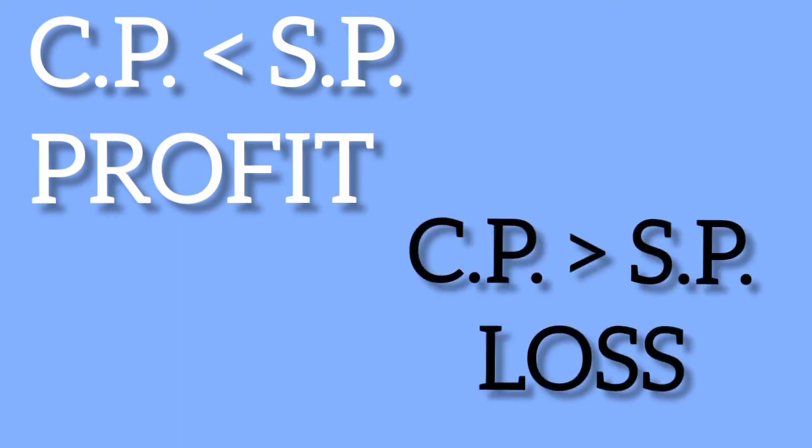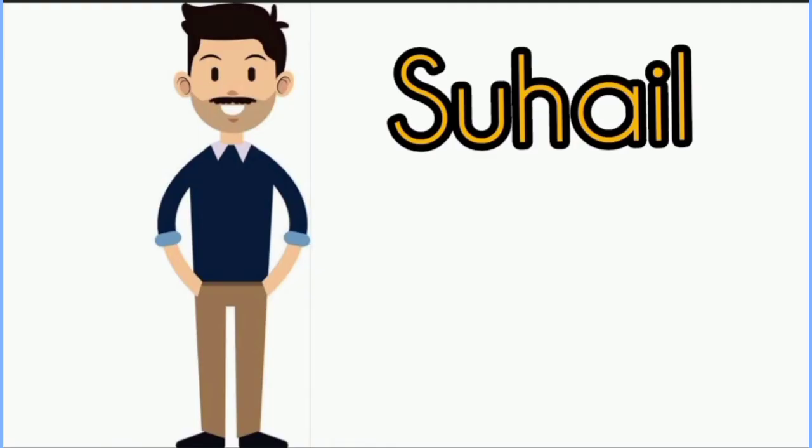If the cost price is less than selling price, that is CP is less than SP, then there will always be profit. And if cost price is greater than selling price, that is CP is greater than SP, there will always be loss.